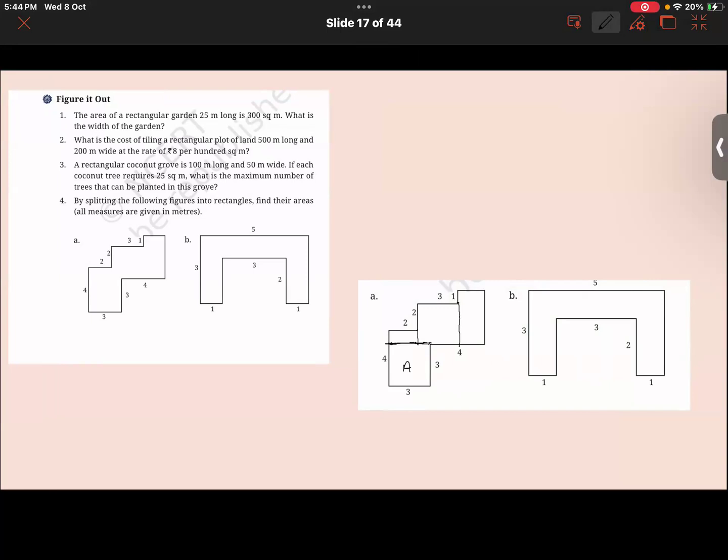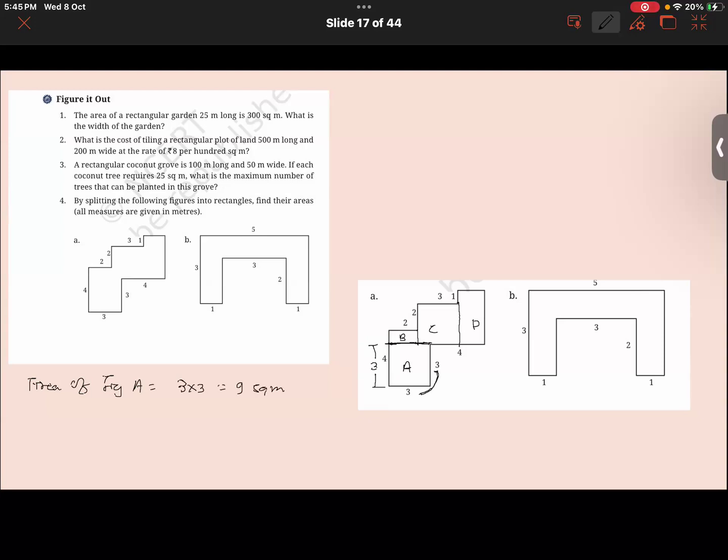Let's name these figure A, figure B, C, and D. Talking about the area of figure A, that is going to be 3 into 3 now, right? Also keep in mind that this 4 meter is the length of this entire side. So this much is going to be only 3 meter. So area is going to be 3 into 3, and that is 9 square meter.